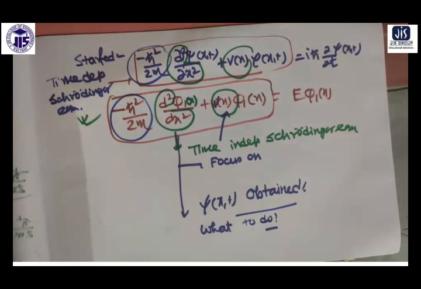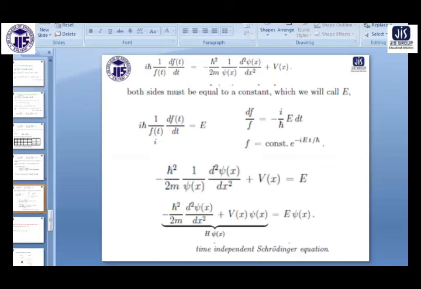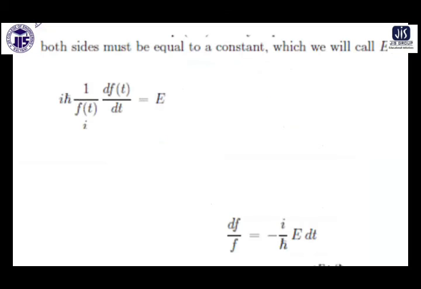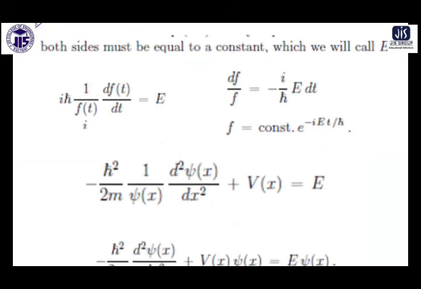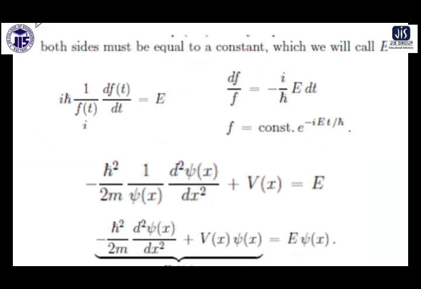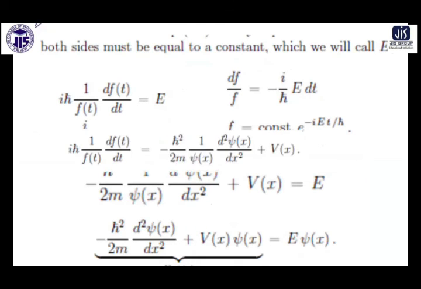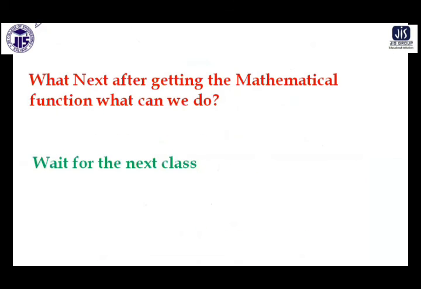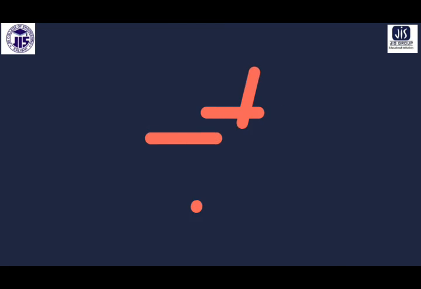So if you just get back to the PowerPoint, this is the final equation. So this is our working equation from now on. We'll solve this equation in real problems, but after getting psi, what you do is most important. We shall discuss that in the next class. Thank you.